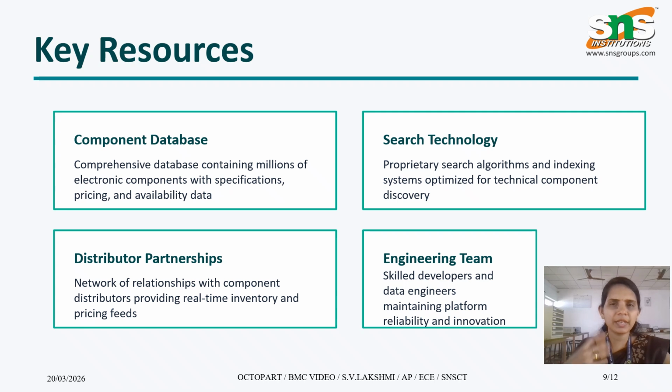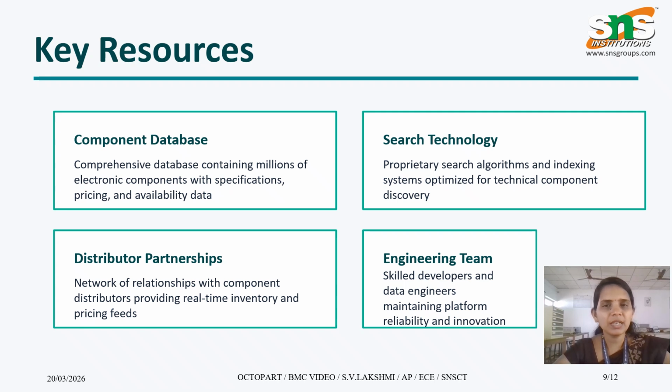Next is key resources. The key resources here include the massive electronic component database, a comprehensive database which contains millions of electronic components with specifications, pricing, and availability data. Then the next is the advanced search algorithms, the search technology, with indexing systems optimized for technical component discovery.